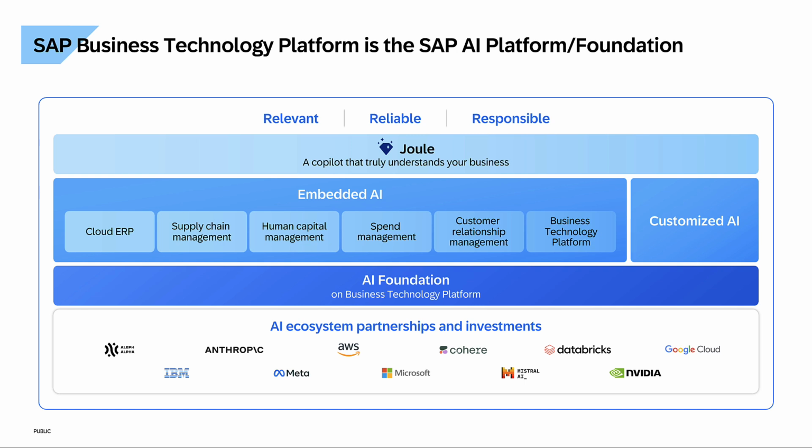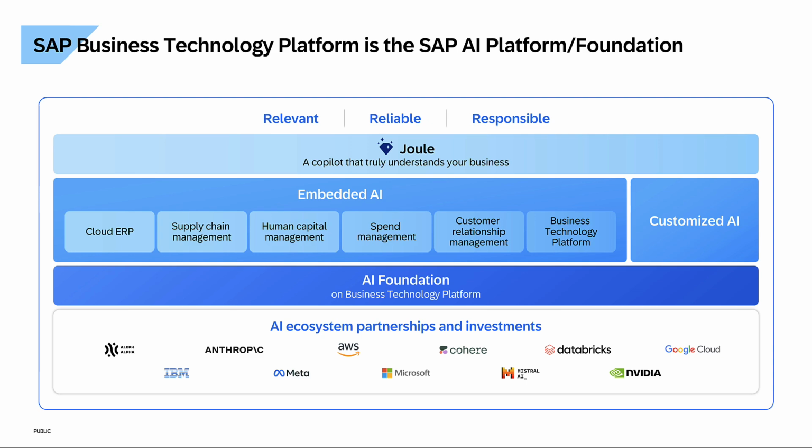SAP Business Technology Platform is the foundation for all AI-related topics in the enterprise, as business remains the most important word in this name. Of course, SAP and partners work hand in hand to leverage your investments in those partners and to bring out the most of your investment in SAP.